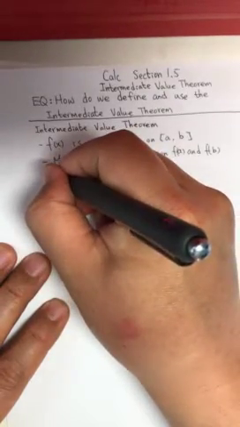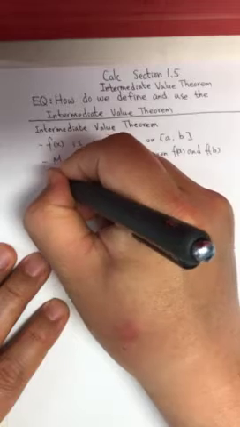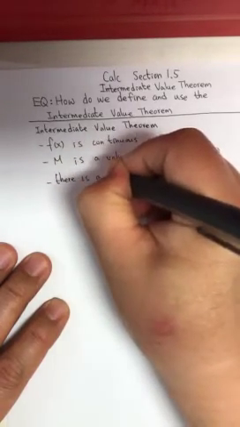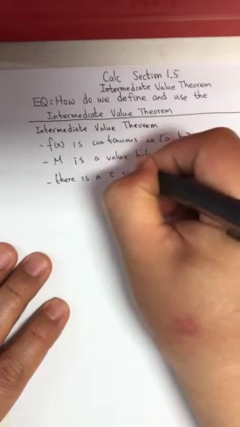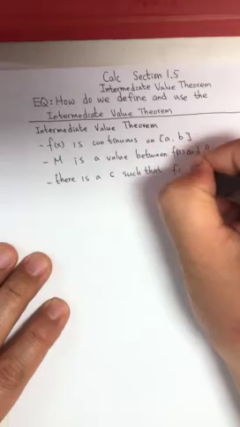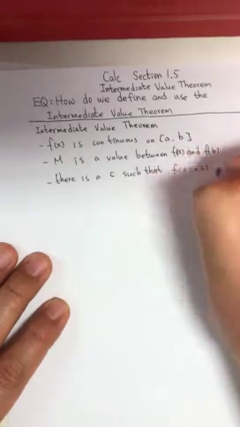Then according to the intermediate value theorem, there is a c such that f of c is going to equal m.